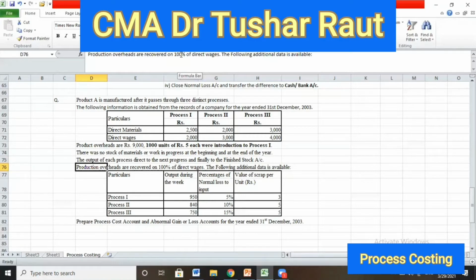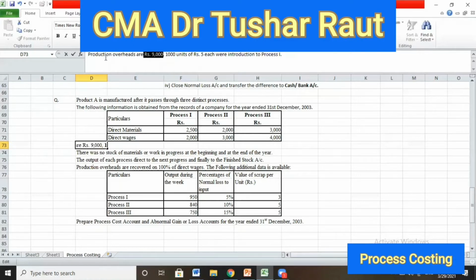Production overheads are recovered on 100% of direct wages. Now listen, here we find this production overheads, and that was rupees 9,000.